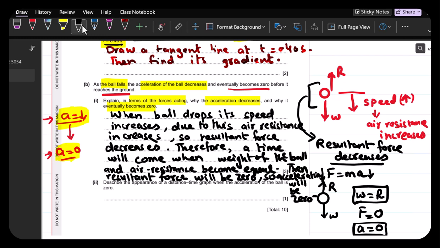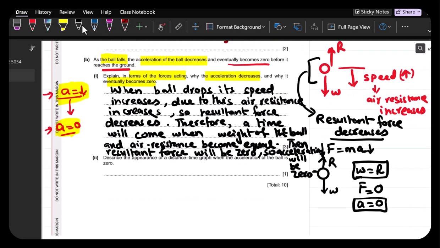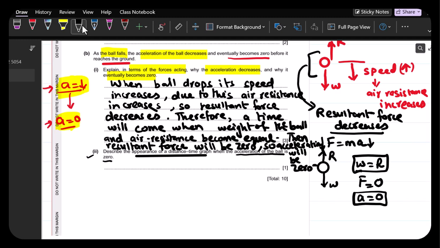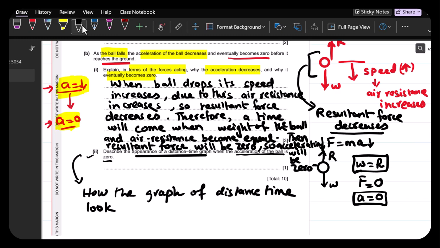These lines are fine. So moving towards part 2, describe the appearance of the distance time graph when the acceleration of the ball is zero. Means how the graph looks when acceleration will be zero.